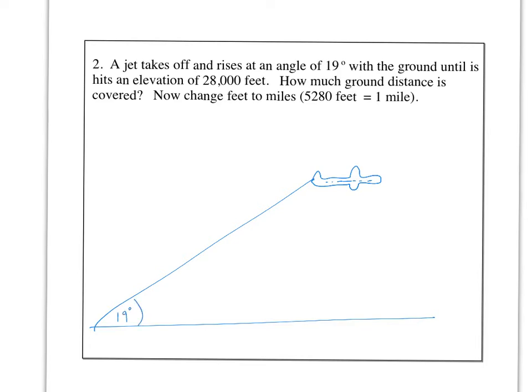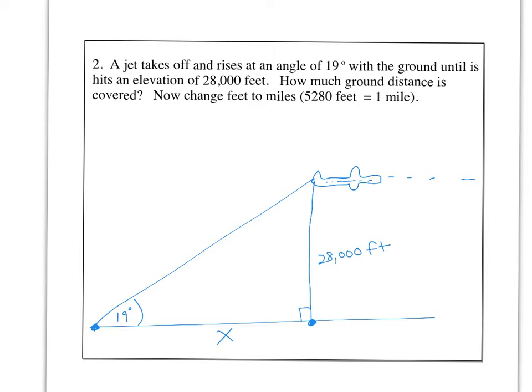Until it hits an elevation of 28,000 feet, which means it's 28,000 feet above the ground. And now it's going to continue cruising at that altitude until it starts its descent. How much ground distance is covered? Okay, so we want to figure out from here to here how much ground distance was covered.